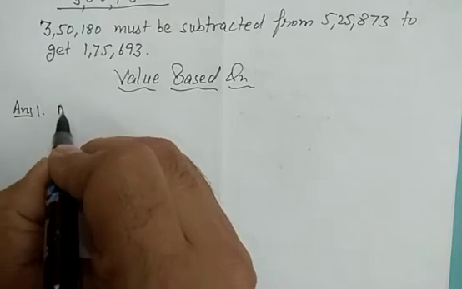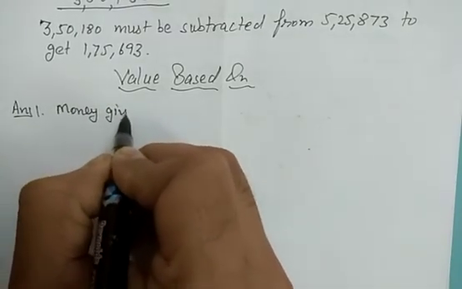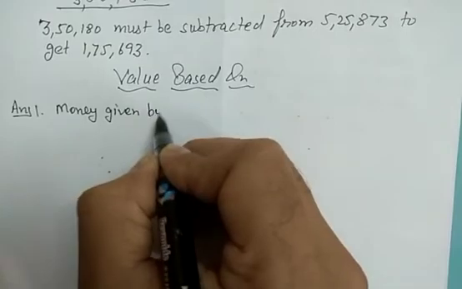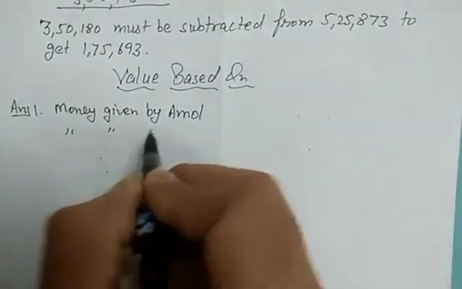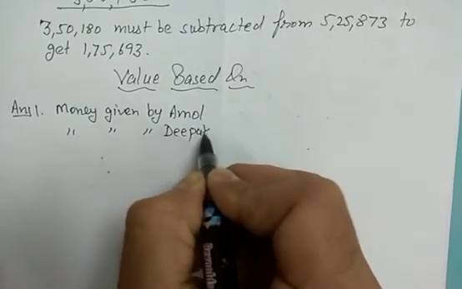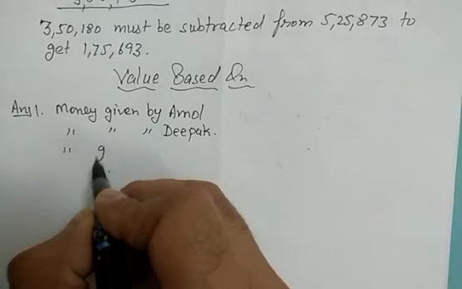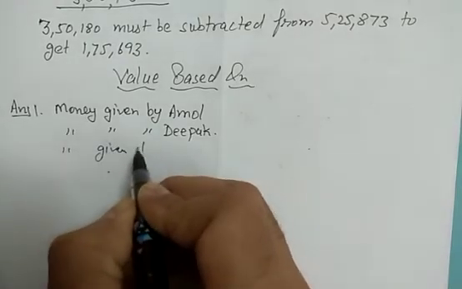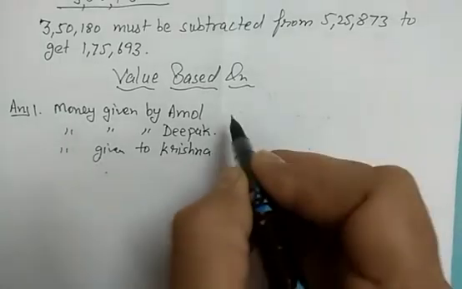The money given by Amol and the money given by Deepak, added, gives the money given to Krishna.